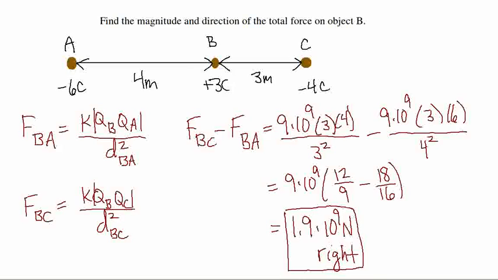Now I would like to switch gears and talk about fields. Here's a puzzle for you. Imagine you have two charged objects separated by some amount of distance in a vacuum. We know that those two charged objects will experience electric forces, right?